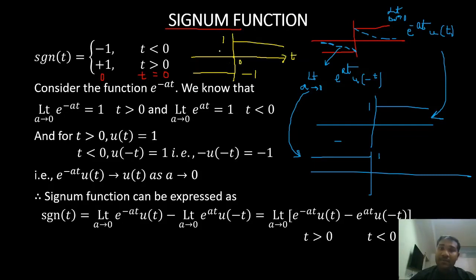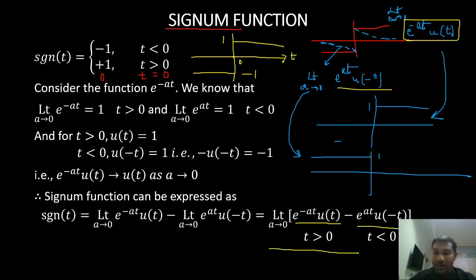So how can we express our signum function as a limiting case? Limit a tends to 0, the first signal e power minus at u of t, minus the second signal e power at u of minus t. This is how I will consider the signum function.